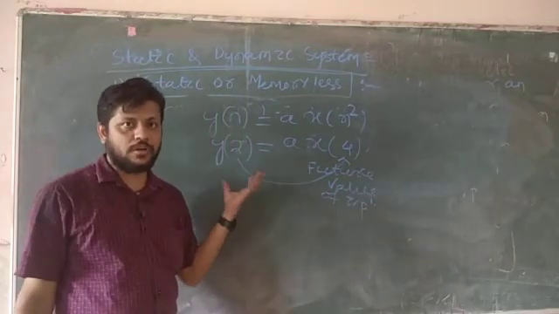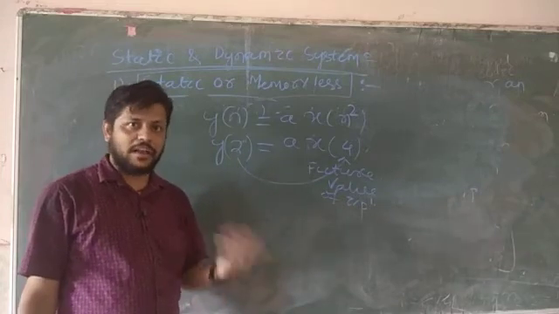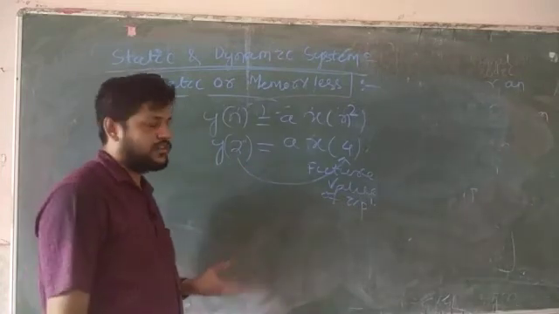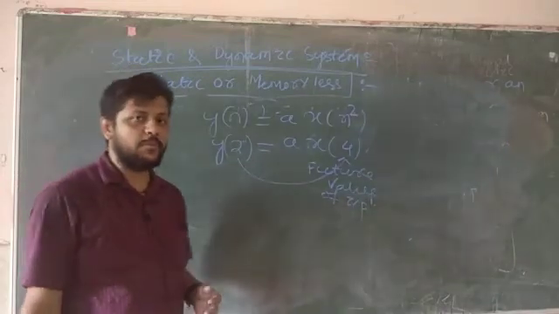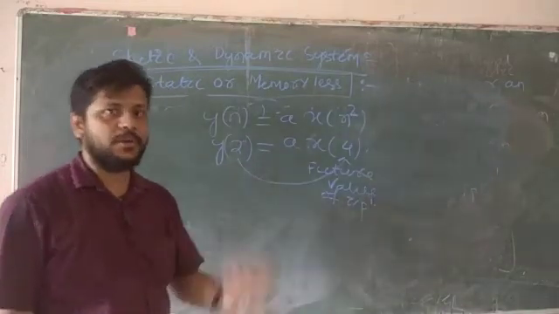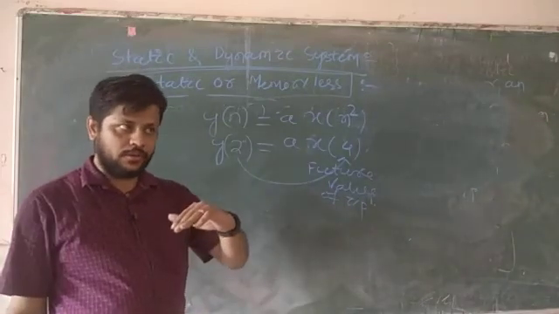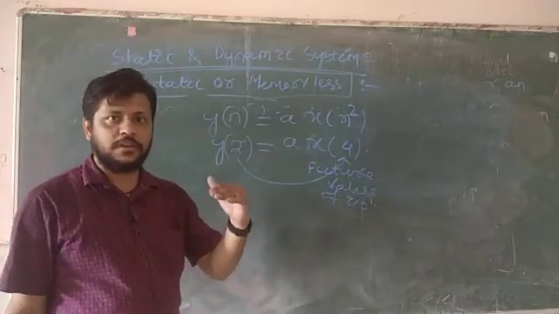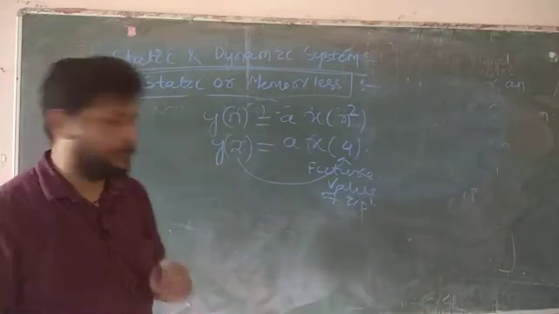If your output depends on the future or past value of the input, then that system is known as dynamic, or we can say it is a memory based system. That system has some memory, so it is able to store the past value of the input.